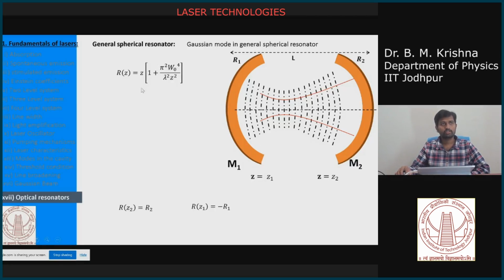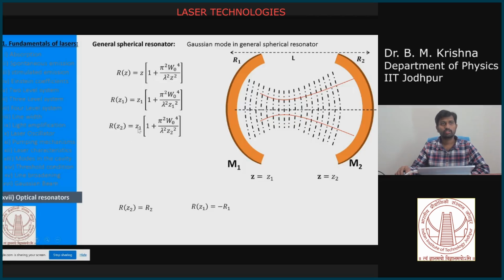Now we recall the equation, R of Z equals Z into 1 plus pi square omega naught power 4 over lambda square Z square. Now I substitute R of Z1, because I want to know the radius of curvature of the mirror M1. This is the radius of curvature of M1, and similarly the radius of curvature of M2 is at the Z2 position.